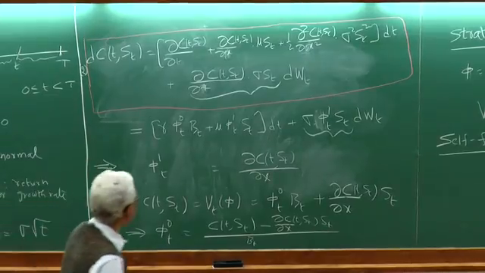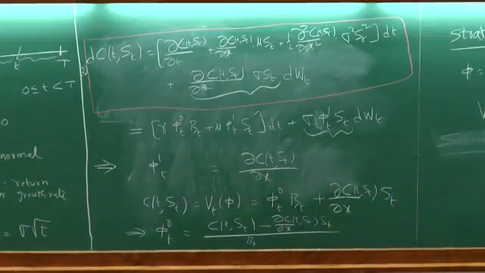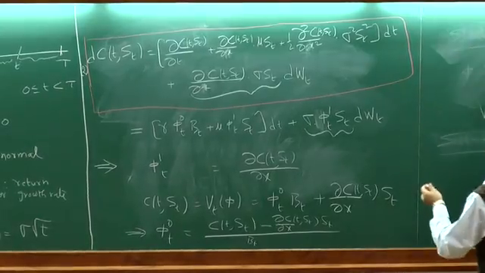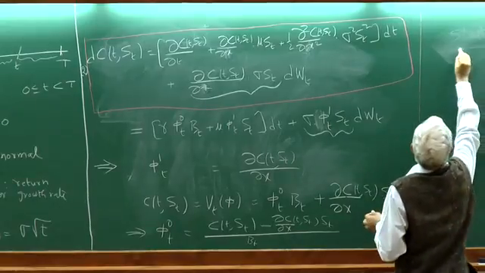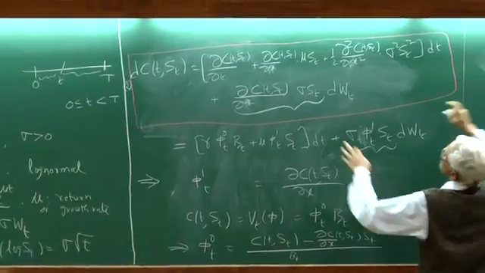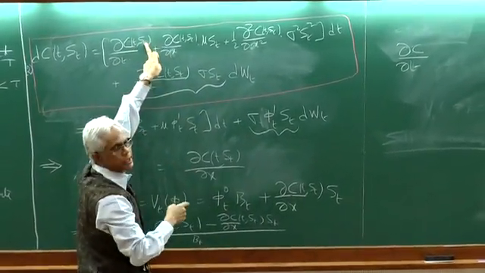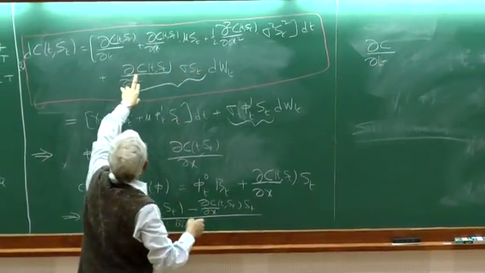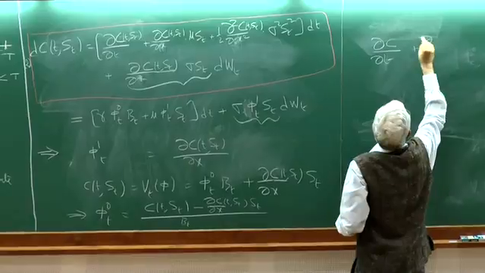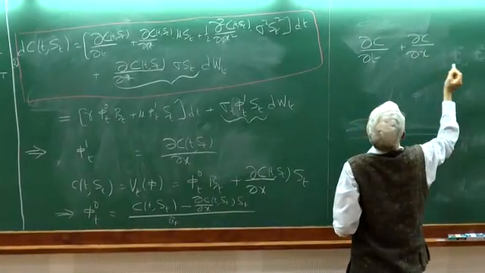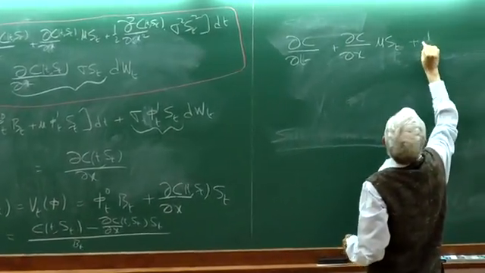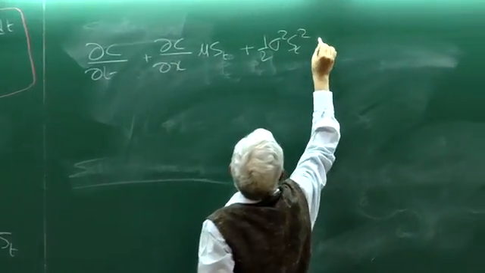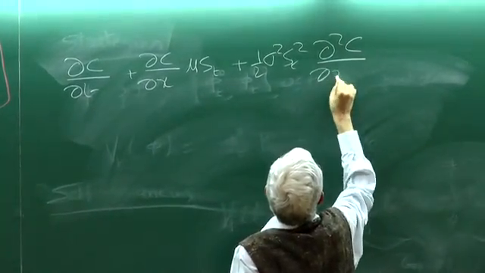Now equate the dt term. We have not yet equated the dt term. So what is the dt term? Del C over del t, evaluated at t, S_t, that is understood, plus del C over del x mu S_t plus half sigma square S_t square del 2 C over del x square.